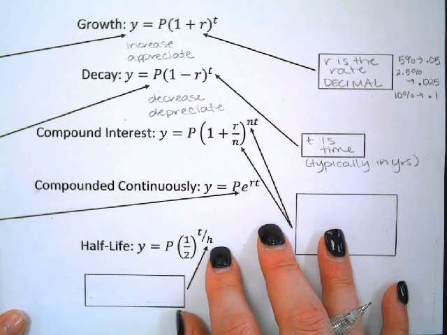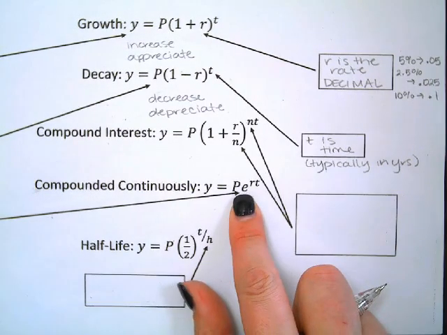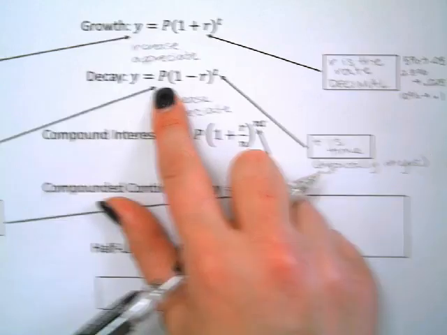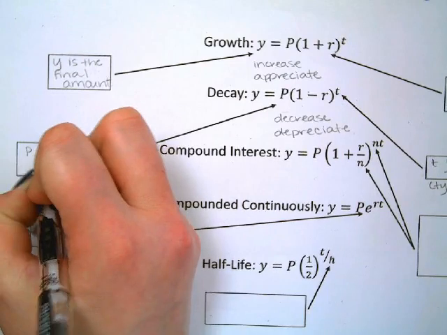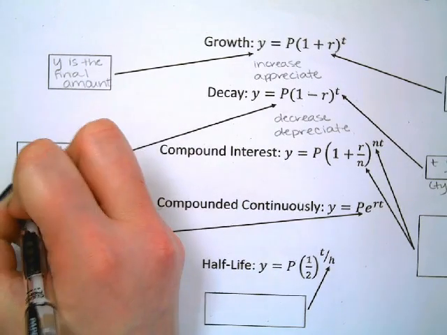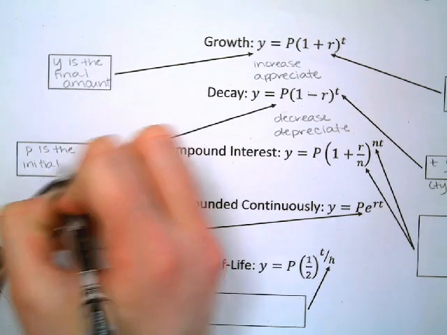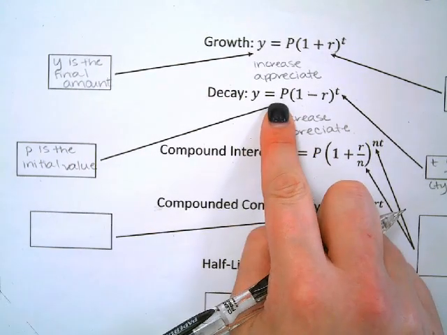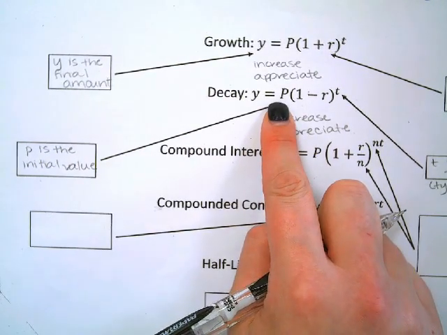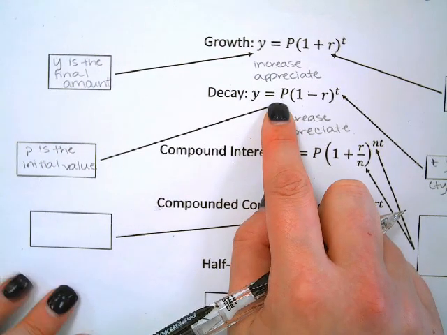All right, sorry, I skipped P. Let's go back to P. P is the initial value. The reason they used a P is because some people call that the principal. So initial value, starting value, it's what they give you to begin with.